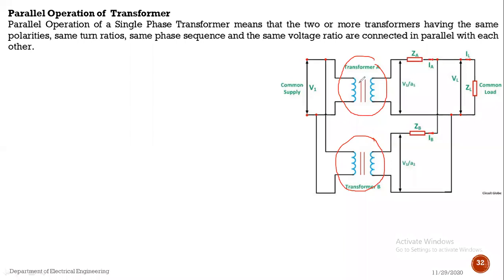So two transformers are connected in parallel. That means the primary winding of both transformers, or of multiple transformers connected in parallel, is connected to a common supply, and the secondary of these two or more than two transformers is connected to a common load.